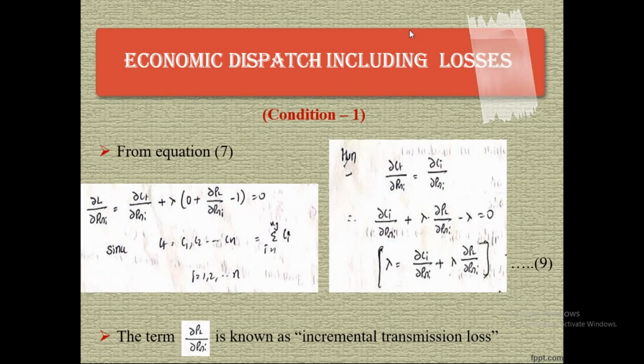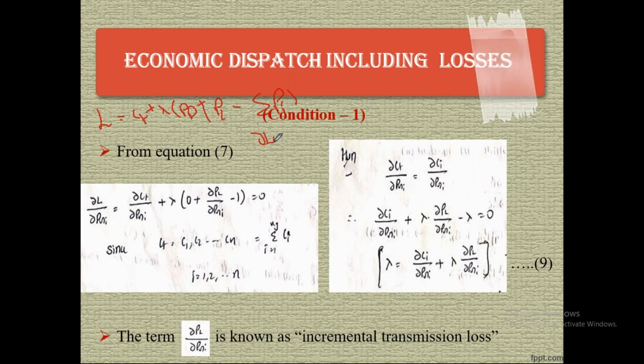Now condition 1. Just I'm writing the Lagrange equation. L equals CT plus lambda into PD plus PL minus summation of PI or PG, whatever it may be. So this is the Lagrange equation. Now what is our condition?